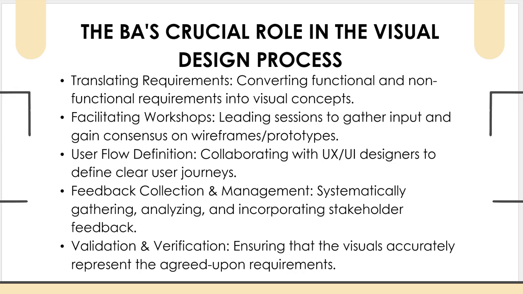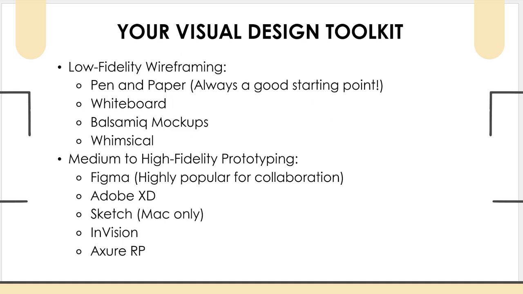Let's move on to the next slide. These are your visual design toolkits, the tools you should use for preparing wireframes and prototypes. First, you can draw wireframes with pen and paper, which is always a good starting point. There is a whiteboard you can draw on, and then use Balsamiq for mock-ups, Whimsical, and for high fidelity and drawing the prototype you should use Figma. Personally, I use Figma to draw the prototypes and wireframes.